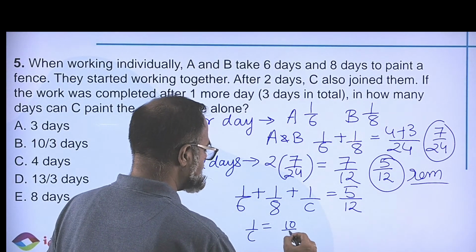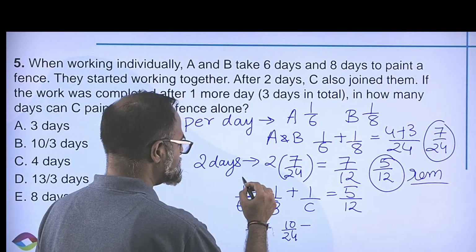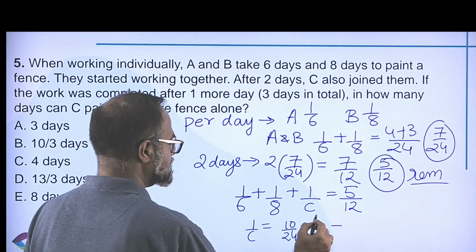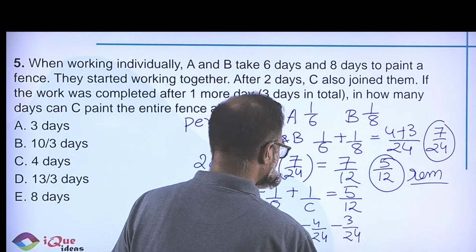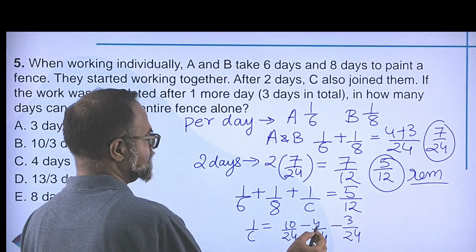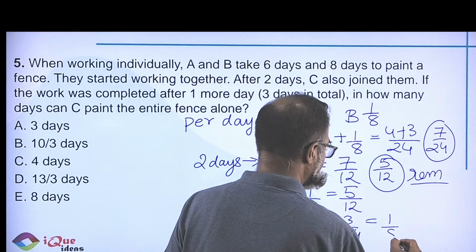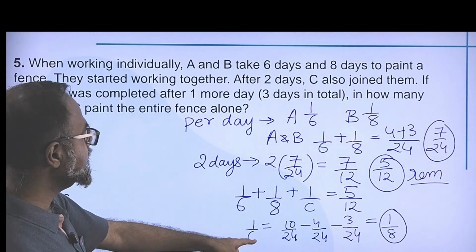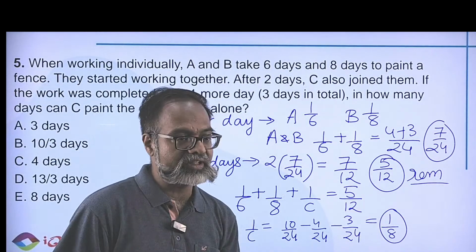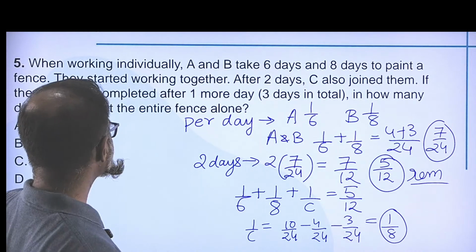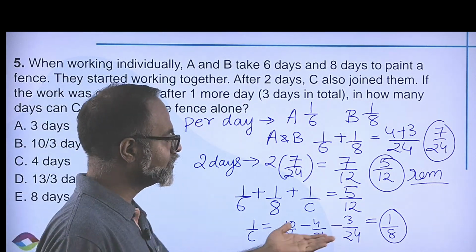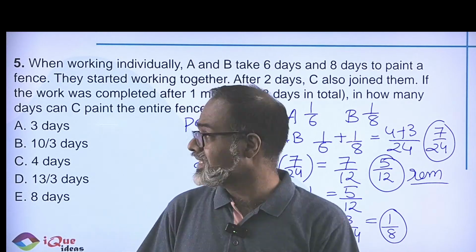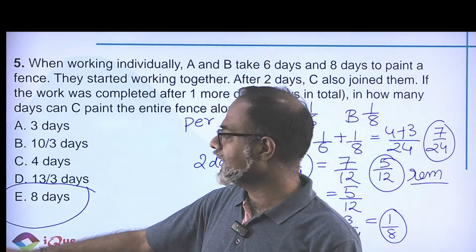Let's write it as 10 upon 24 minus 1 upon 6 is 4 upon 24 minus 1 upon 8 is 3/24. So 10 minus 4, 6 minus 3, 3/24 is 1/8 of the work. So if C in 1 day did 1/8 of the work, in how many days can C paint the entire fence alone? I've already done the answer, right? The entire fence can be done by C alone in exactly 8 days.